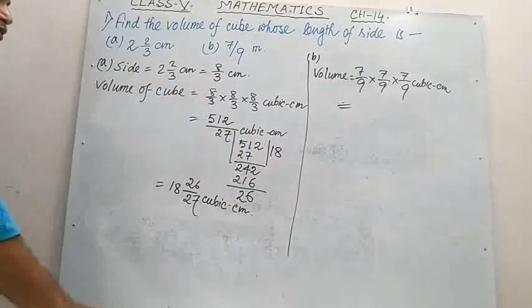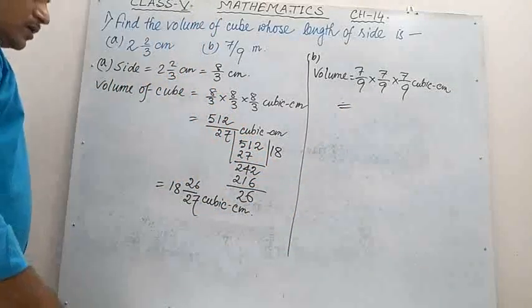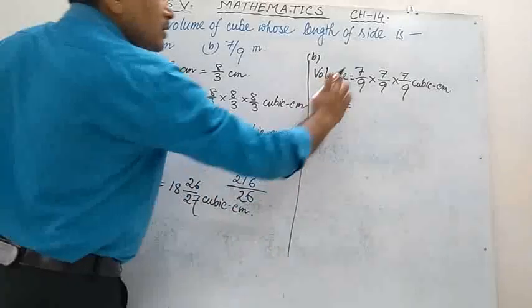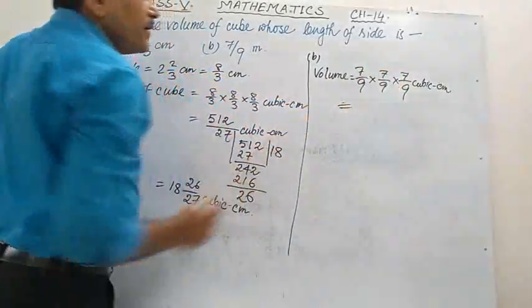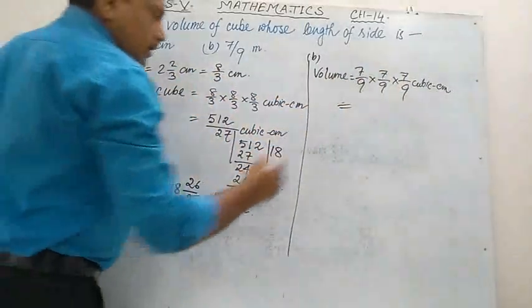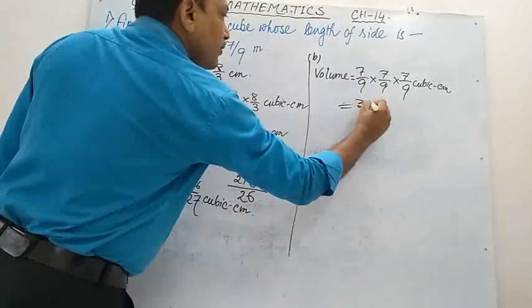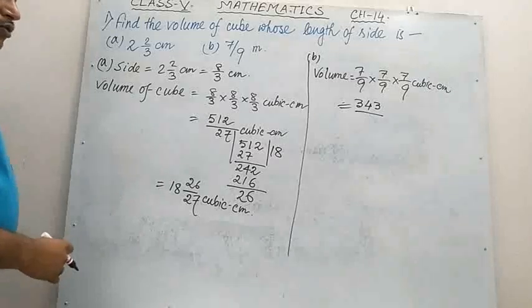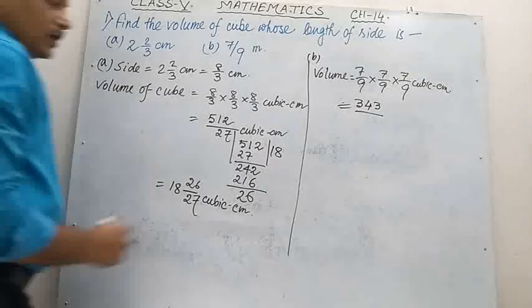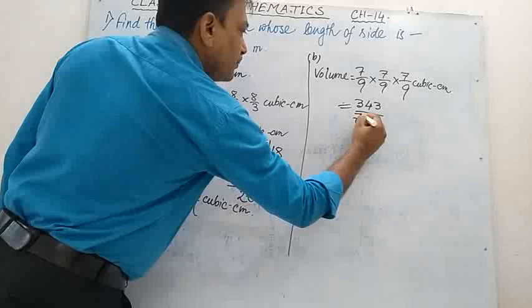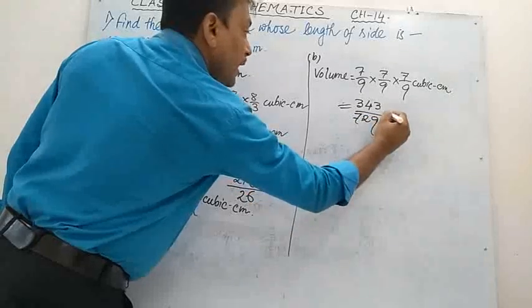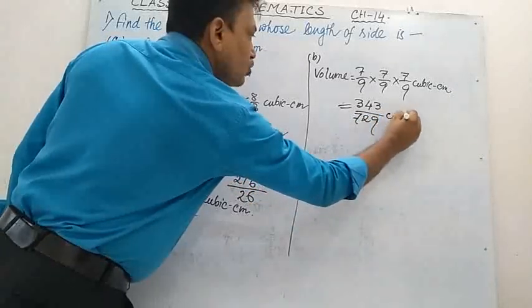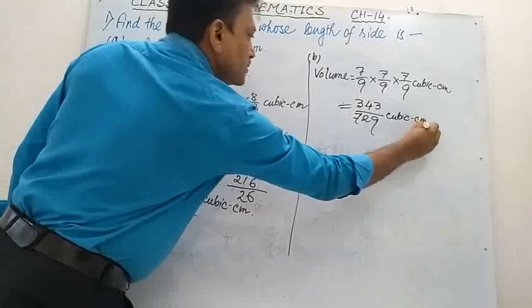So this equals 7 into 7 into 7, that is 343, divided by 9 into 9 into 9, that is 729 cubic meter.